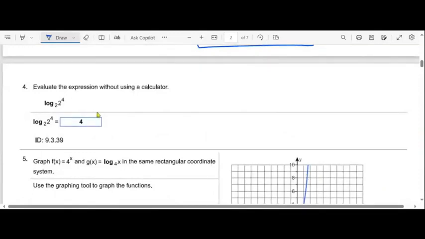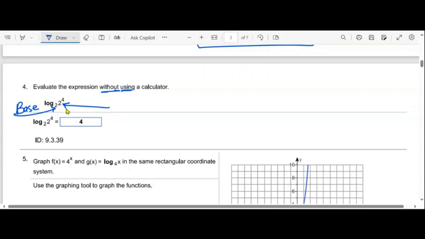Evaluate the expression without using a calculator. He said don't use a calculator. So here you have log base 2 of 2 to the power of 4. What is the base here? 2.